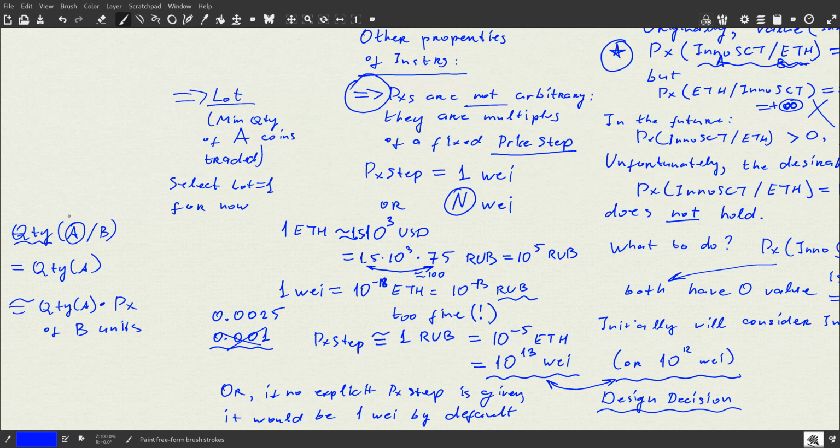All right. So if we have the quantity for our instrument equal to N, then it means that we are buying or selling N units of A. And this means that if we buy N units of A, then we give away price times N units of B. As we discussed in the last lecture, remember, if we are selling N units of A, then we are receiving price times N units of B.